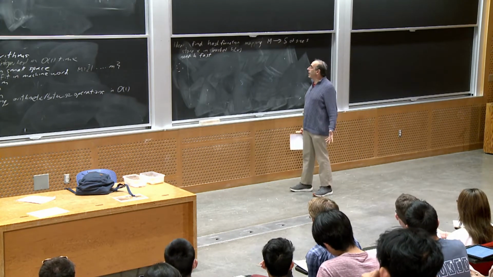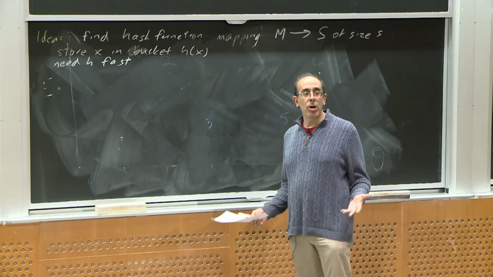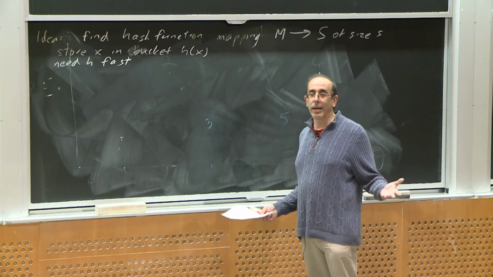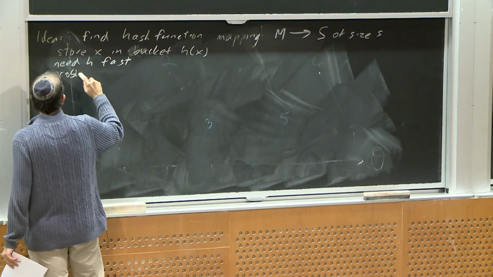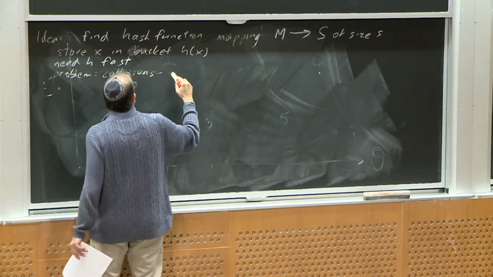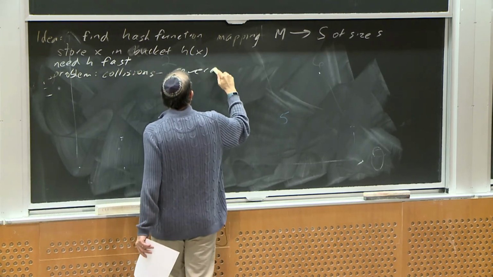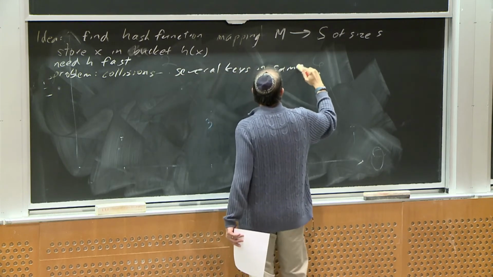Right. So the problem is that, as defined, we might end up mapping multiple keys that we're storing to the same bucket. Several keys in the same bucket.